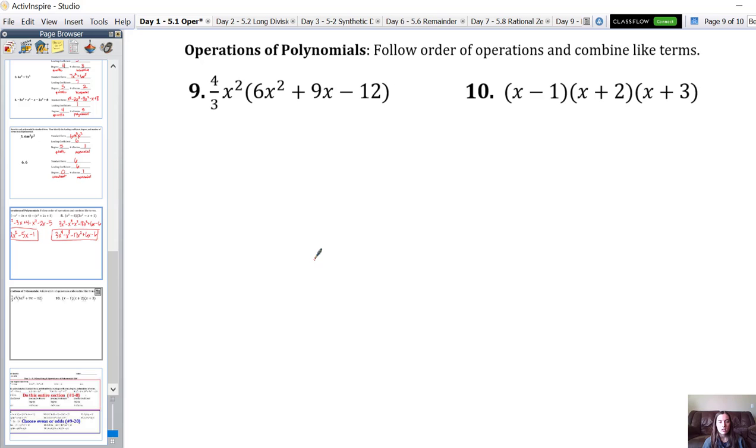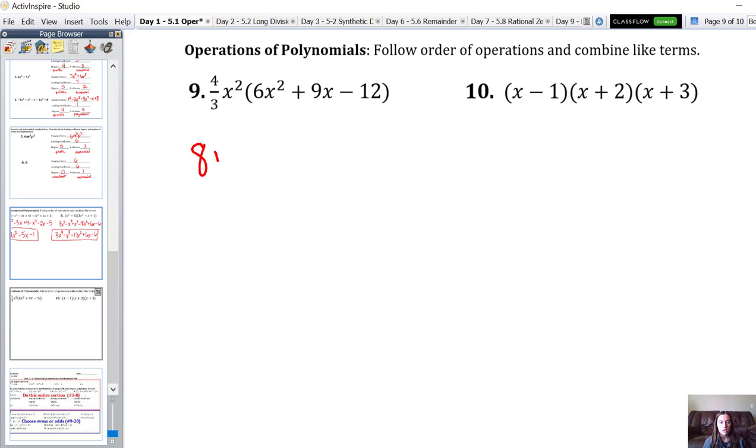Four thirds x squared times this trinomial, 6x squared plus 9x minus 12. When we're distributing, I'm going to combine the coefficients with coefficients and the exponents and variables with exponents and variables. So 4 thirds times 6. 4 times 6 is 24, divided by 3 is 8.